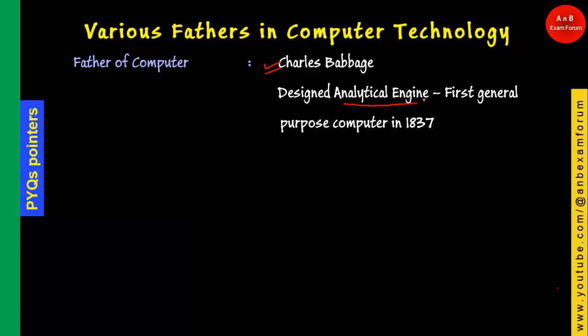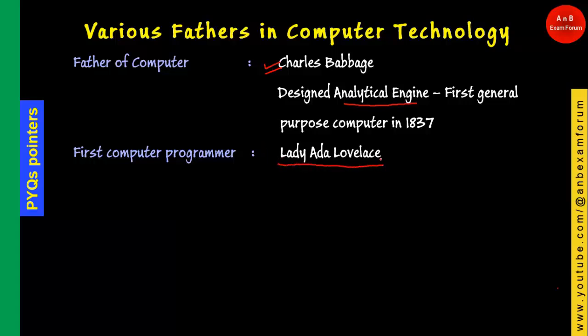The next question he might ask you is the first computer programmer. You should remember the personality name. The name is Lady Ada Lovelace. Okay, one language is also there, Ada language. And what did she do?